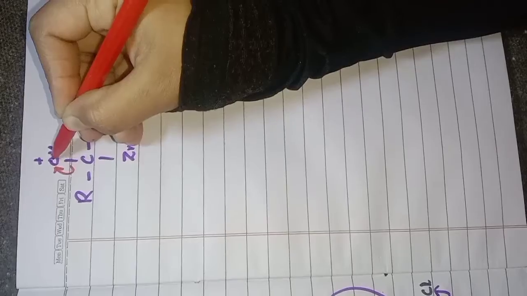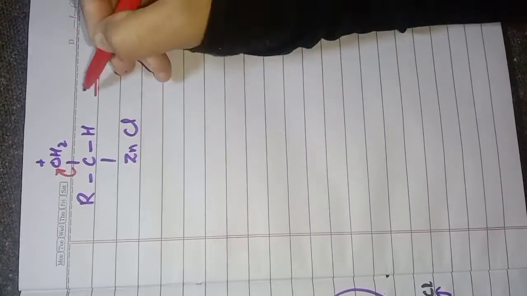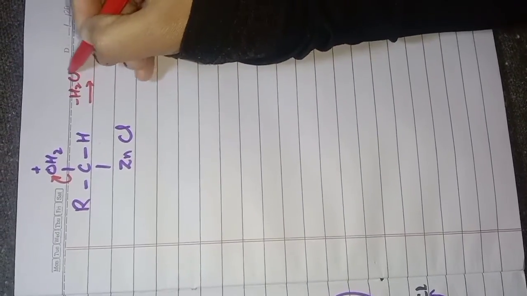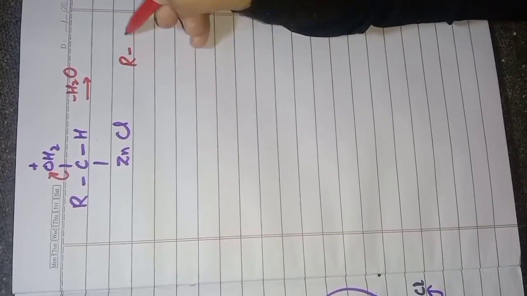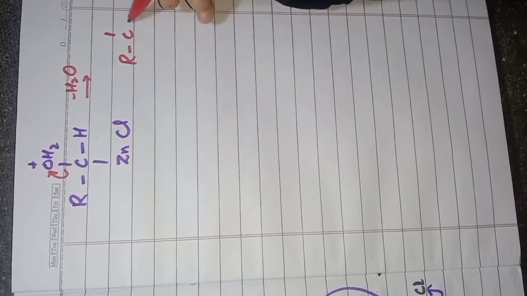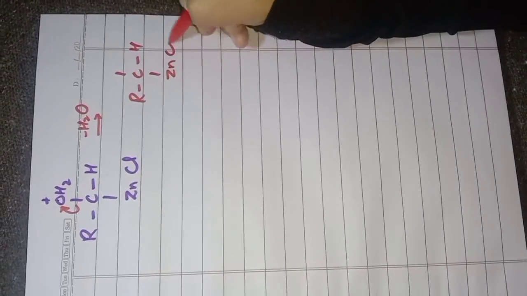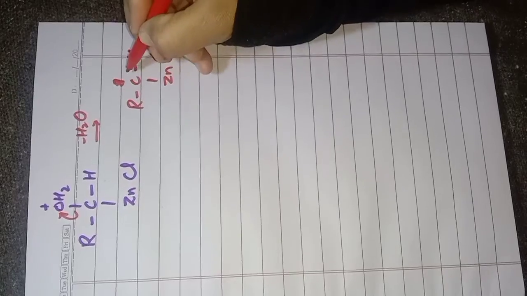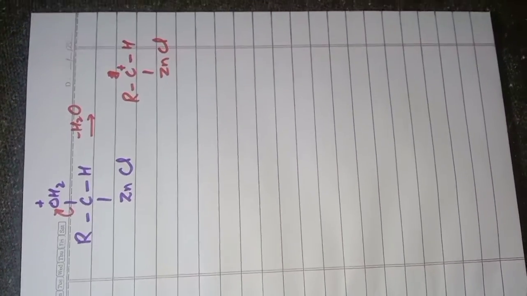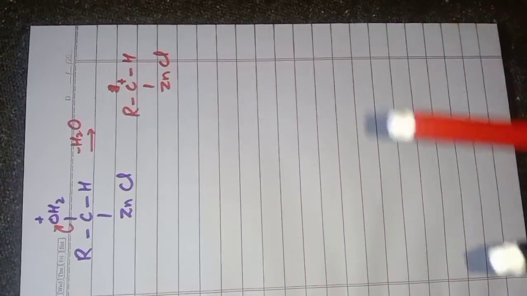This bond will shift over to this oxygen, and here the process of dehydration takes place, and here is the zinc chloride, and a deficient carbon is formed, or you can say a carbocation is formed.